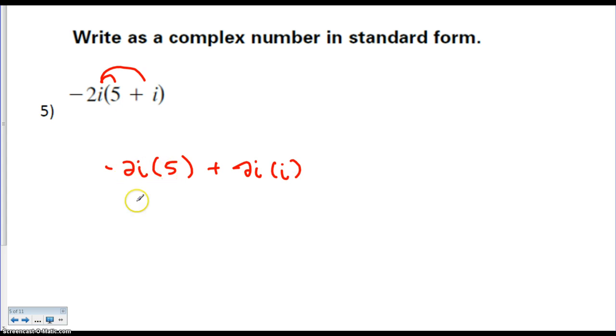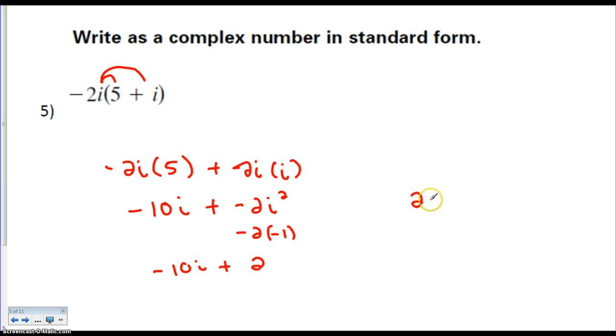Negative 2 times 5 is negative 10i, and then negative 2 times i times i gets me negative 2i squared. i squared is the same thing as negative 1, which makes this positive 2. We always want our real value to be first, so I end up with 2 minus 10i.